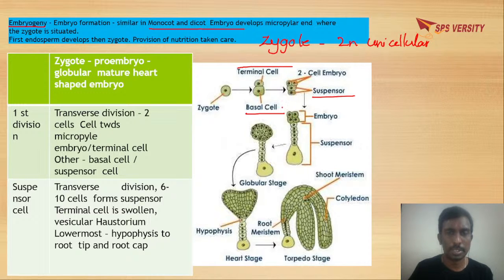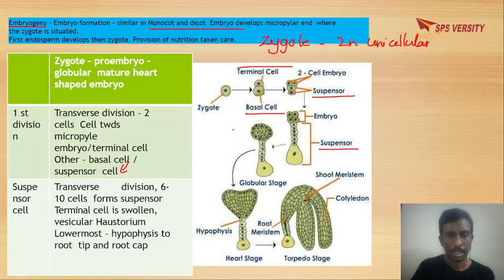You can see from one cell, 2 have formed, from 2, 4 have formed. So many cells like an embryo: from the terminal cell the embryo develops, and from the basal cell we can see development of the suspensor. The embryo develops from the terminal cell and the basal cell develops into the suspensor cell.